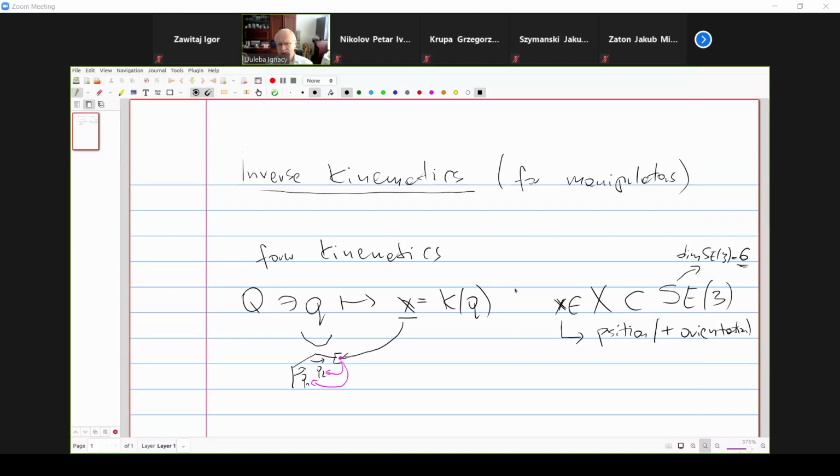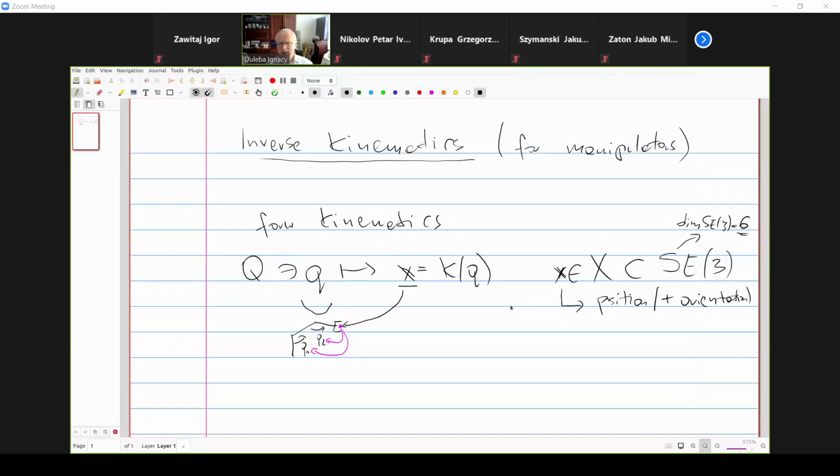And I've presented at least three methods. The first one was geometrical in nature, and it was illustrated on the example of the double planar pendulum. Generally, this method relies on some geometrical facts from planar geometry, usually the cosine theorem.